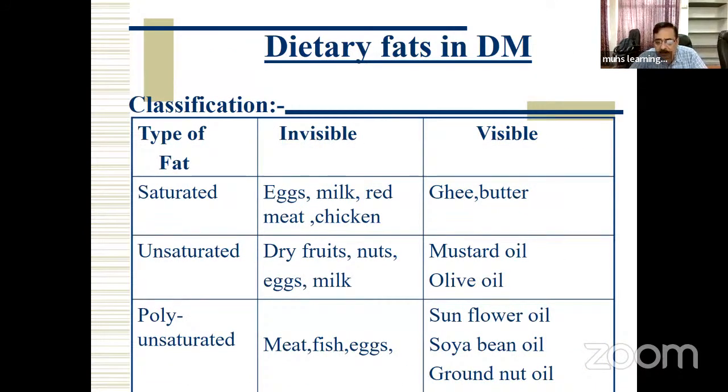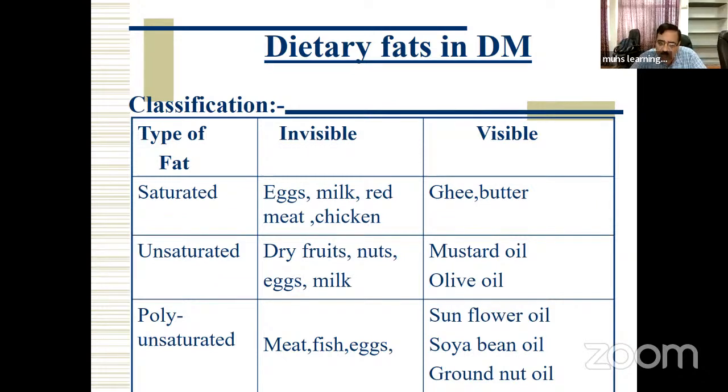Now we come to the fats. This is a very important slide, adapted from the book on medical nutrition in diabetes by the American Diabetes Association. Soybean oil has a good amount of PUFA.